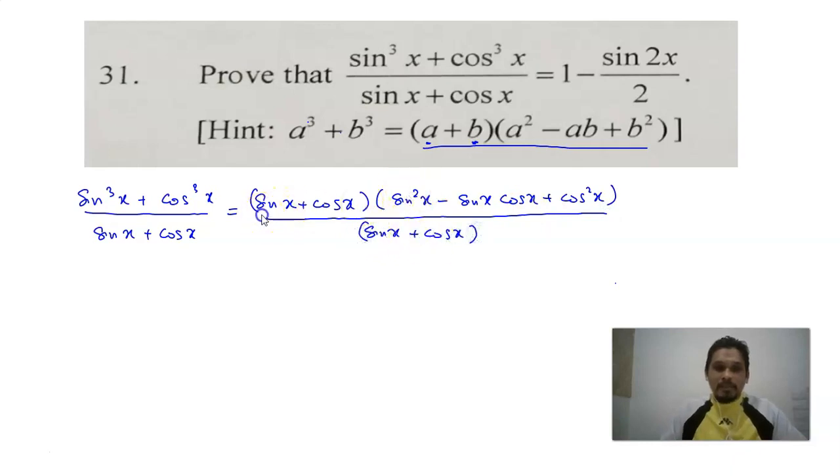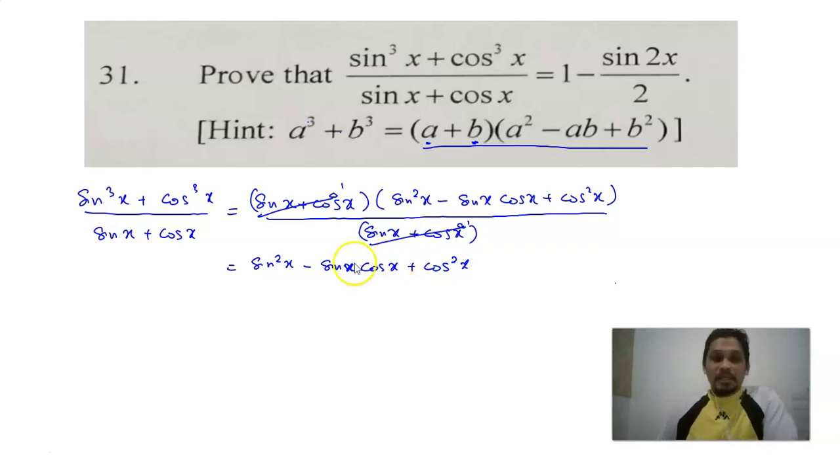Now, sine x plus cos x divided by sine x plus cos x, so we are left with sine square x minus sine x cos x plus cos square x. Do you have any idea what will be the next step? Look at this, the answer ends up as 1 minus sine 2x.